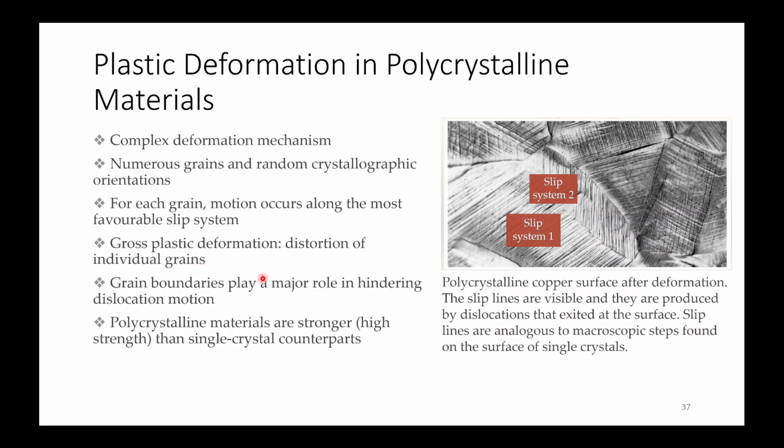Now grain boundaries play a major role in hindering dislocations. These two grains will have different slip systems, which will lead to formation of slip steps in individual grains, while here these are slip lines.